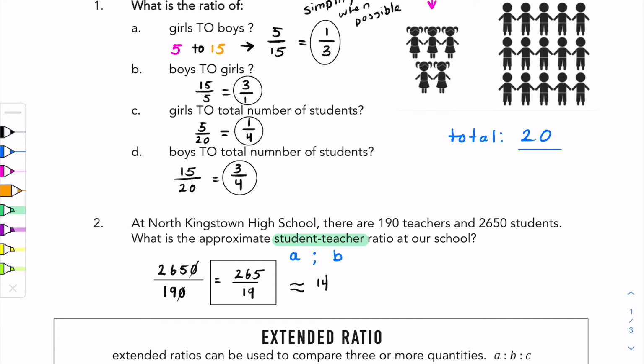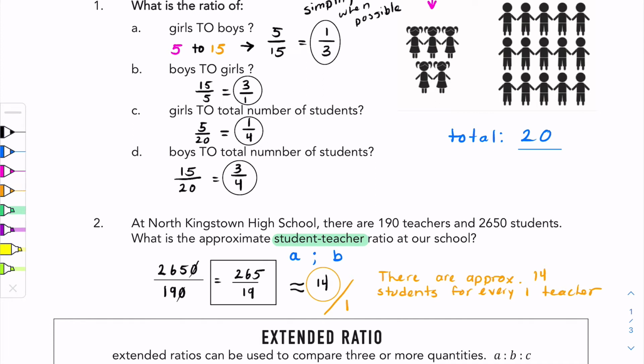So I could write a statement that says there are approximately 14 students for every 1 teacher. So again, divide that number out, it would be 14 over 1, approximately. A little less than 14, but that's our approximate answer.